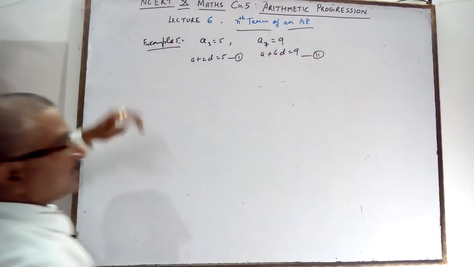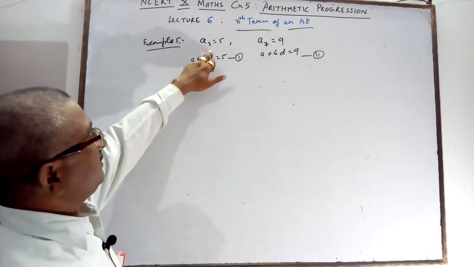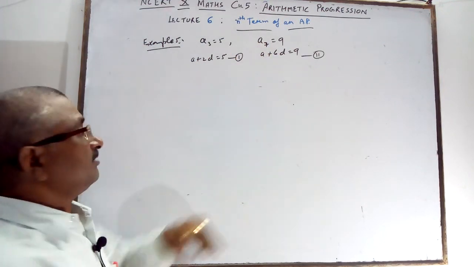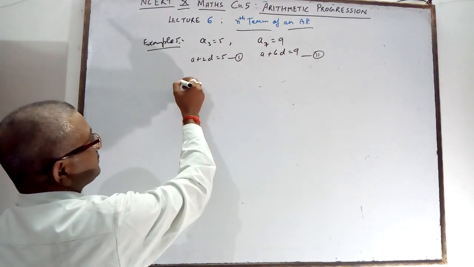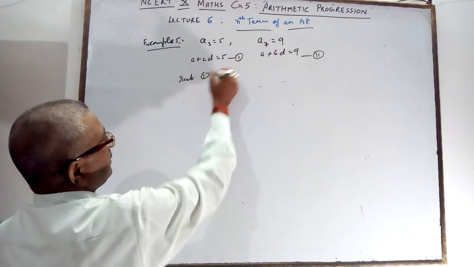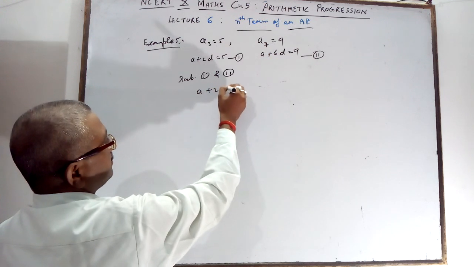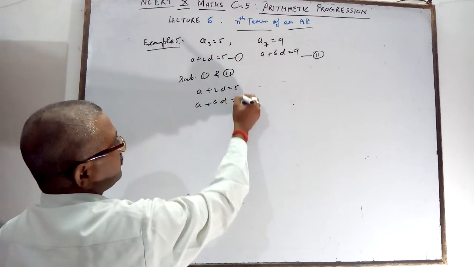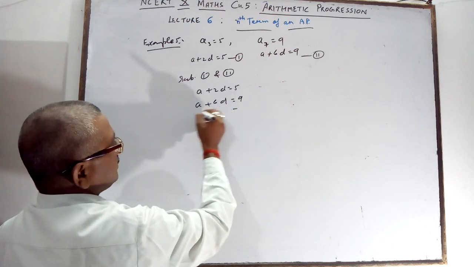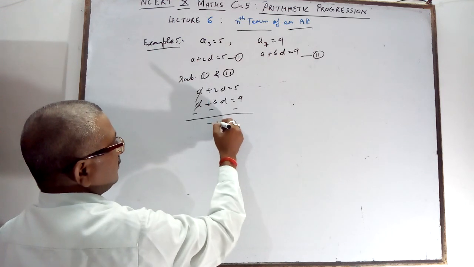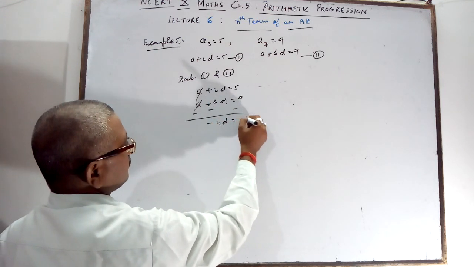Linear equations in two variables. The third term means A plus 2D, the seventh term means A plus 6D, in the general form. So subtracting the first from the second by the elimination method, the signs will be changed, and you get minus 4D is equal to minus 4.